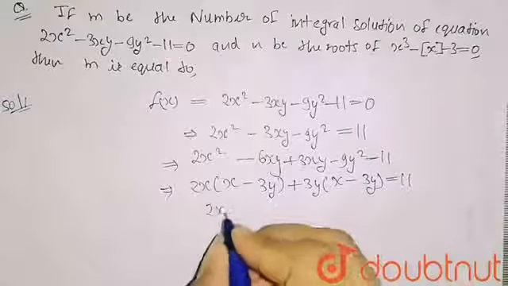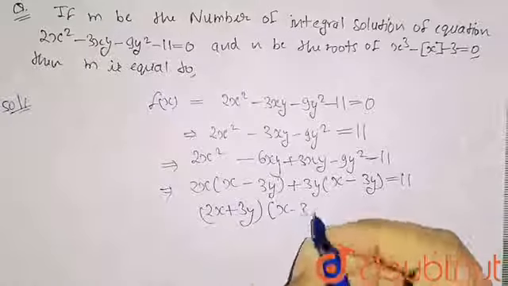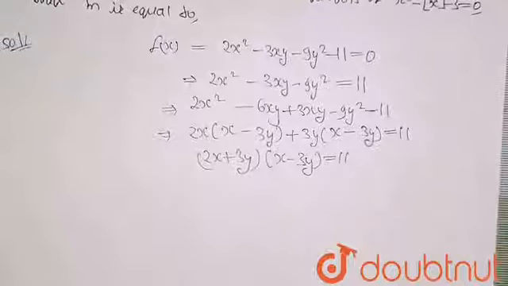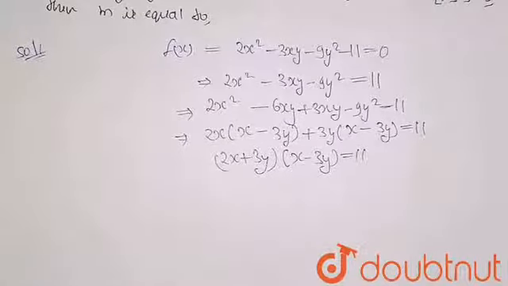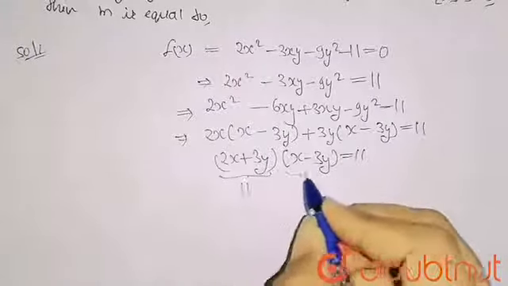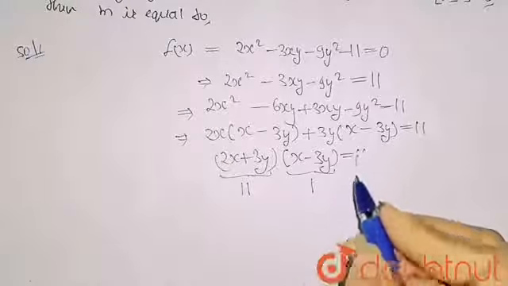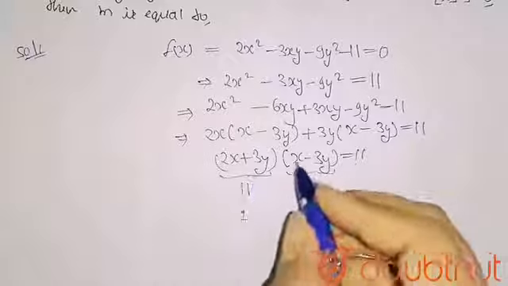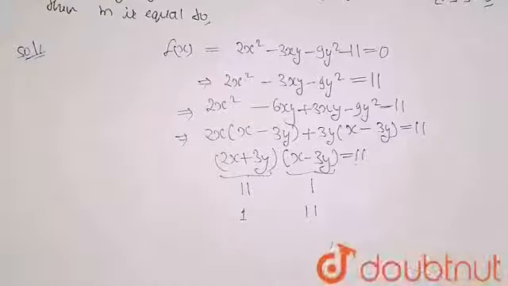So you will get 2x plus 3y times x minus 3y equals to 11. For this product to be equal to 11, the condition will be: either the value of this factor is 11 and the value of the other is 1, or the value of this is 1 and the value of the other is 11.